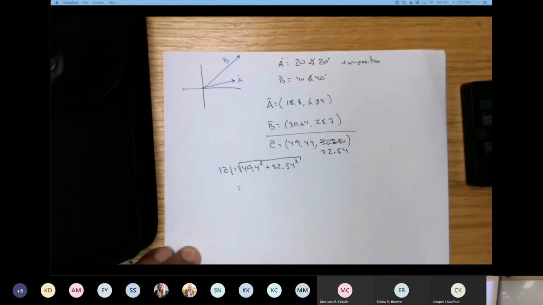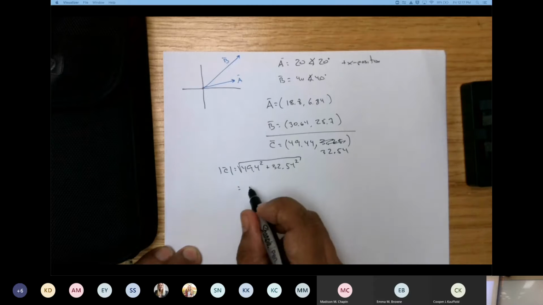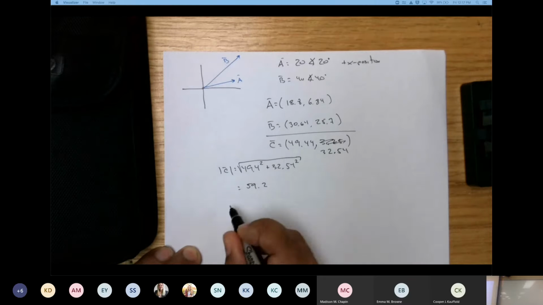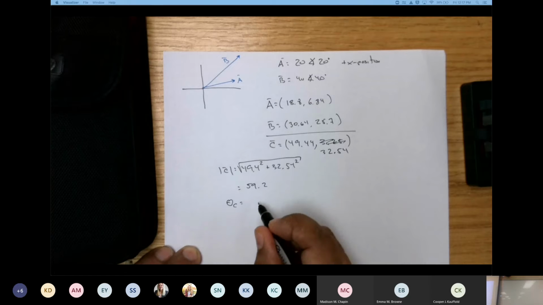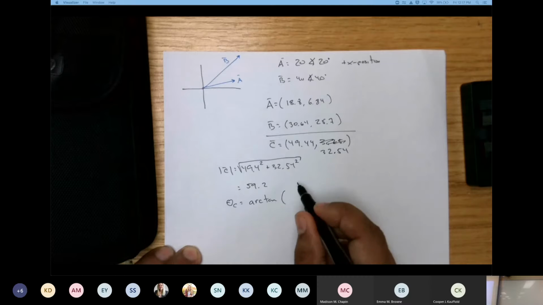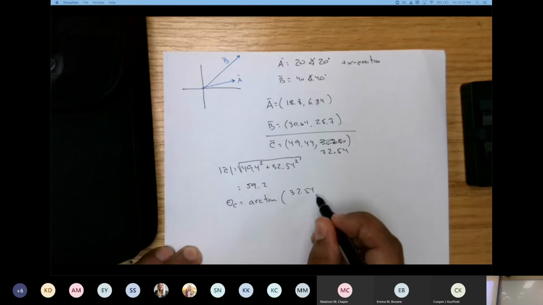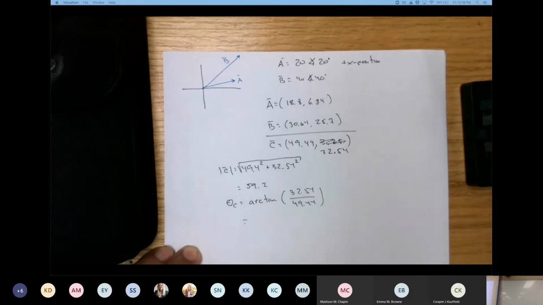I get 59.2, and then the direction, that's going to be the arctangent of 32.54 over 49.44. That's going to be 33.4 degrees.